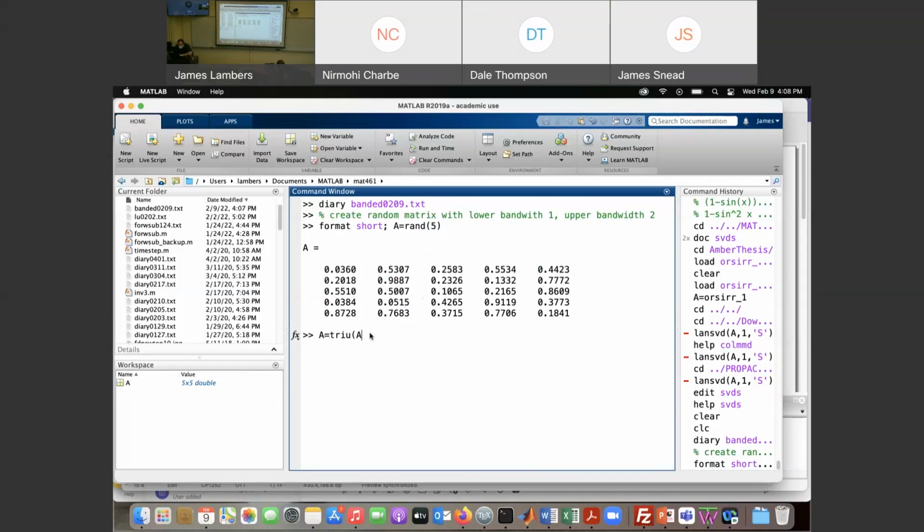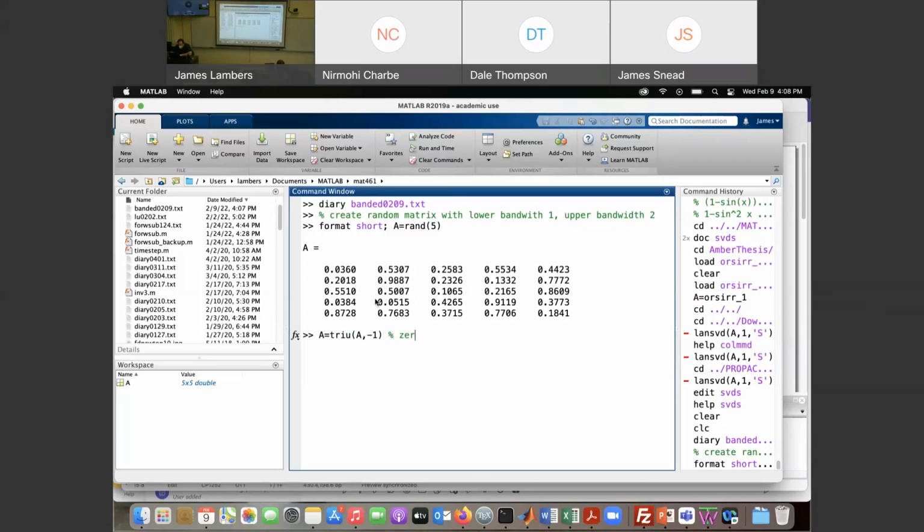Now, this usage of tri-U, with just one argument, would simply zero out the entire lower triangle to make the matrix upper triangular. I don't want to do that. So I will include a second argument of -1.